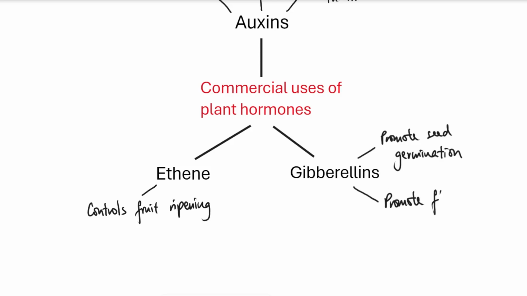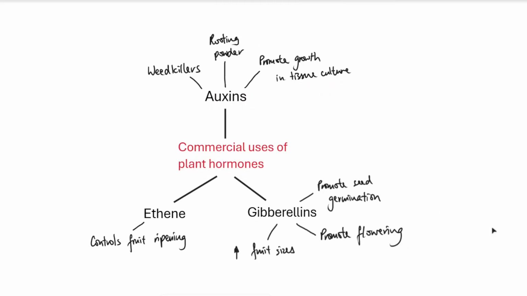You can also increase gibberellins to encourage flowering, so that the plant can produce actual flowers. They can also be used to increase the size of fruits. The more gibberellins a plant receives, the bigger the fruits they can grow. So as you can see, we can definitely use it in agriculture if we're trying to make bigger and nicer fruits for profit. So these are the 3 plant hormones and how they can be commercially used.